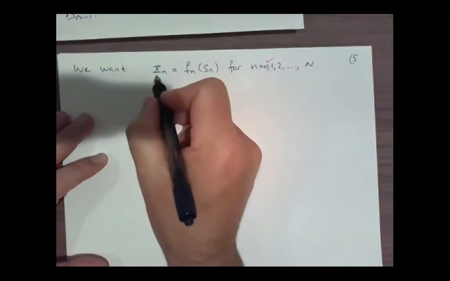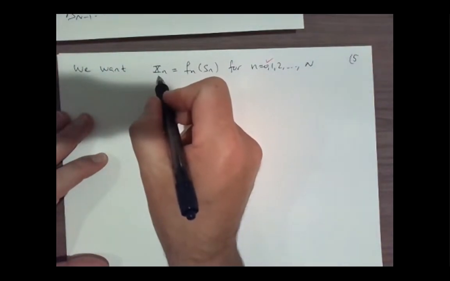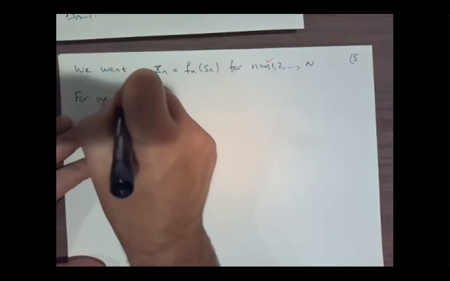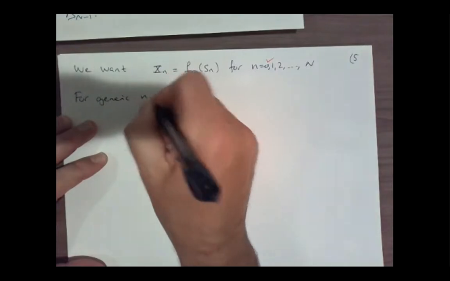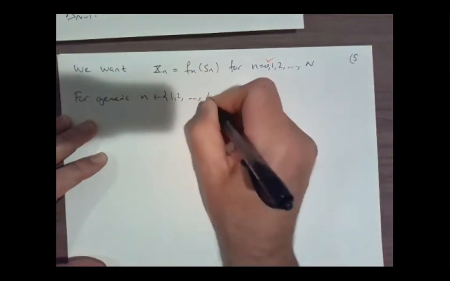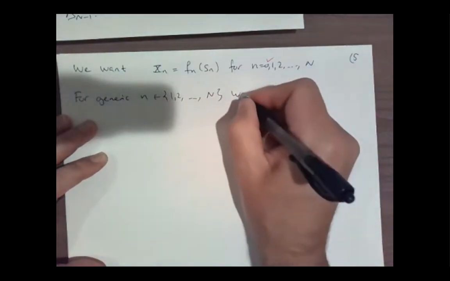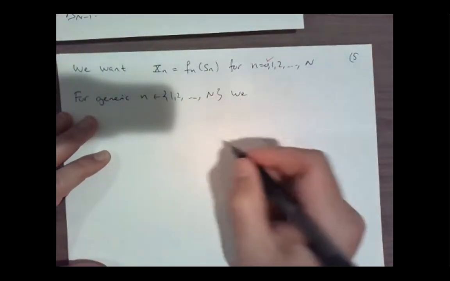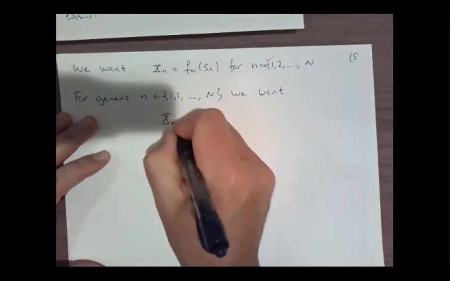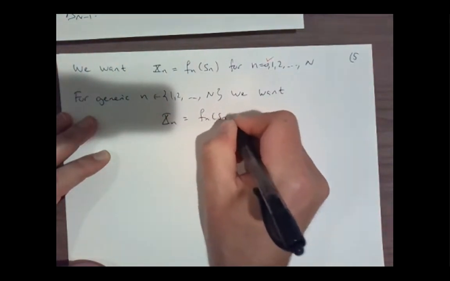I want this property for a generic n, 1, 2, up to time n. We want xn to be this fn of Sn.